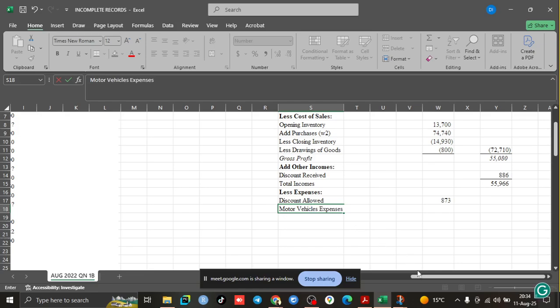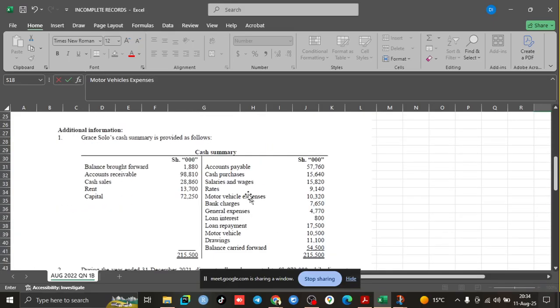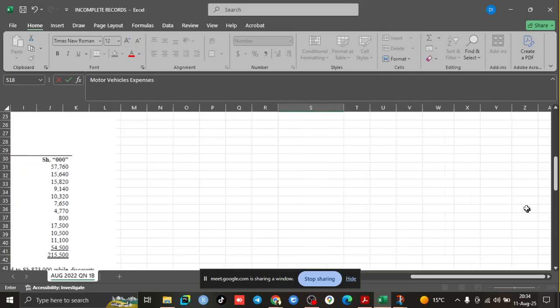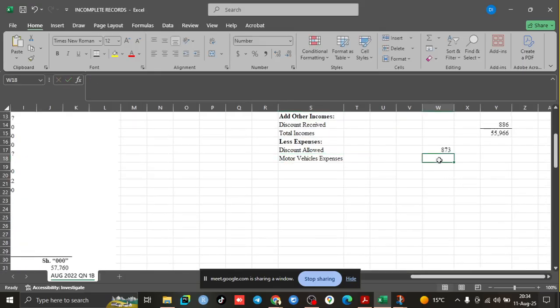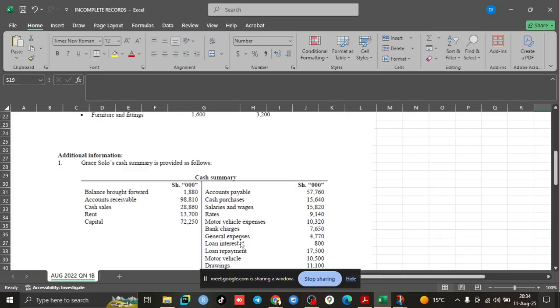Tunajaribu kuandika as many things as possible. So motor vehicle expenses, in this case, utajuaje unaweka as an expense, iko on this credit side. Motor vehicle expense of 10,320. We also have expenses ingine. General expense, bank charges kwanza. Bank charges of 7,650.